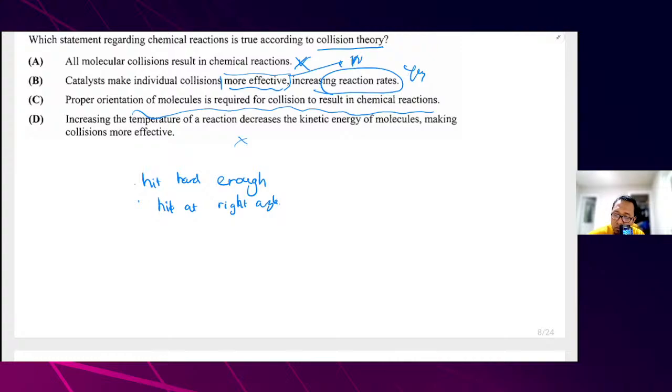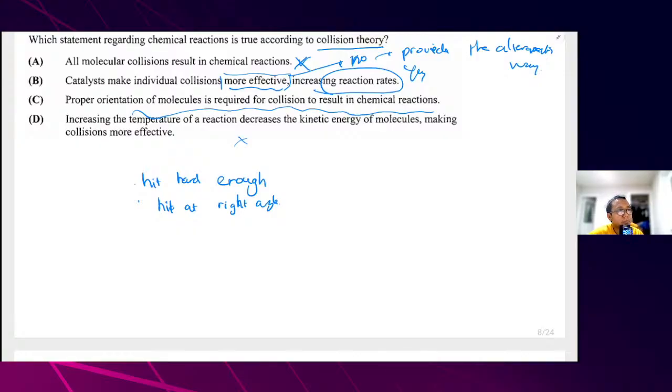No. It just provides the alternative way. Okay, to react, the catalyst will give us the alternative way.